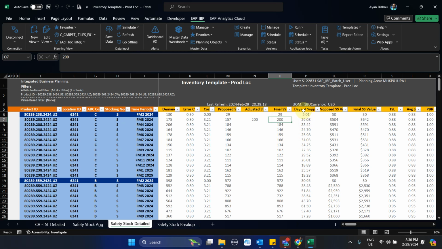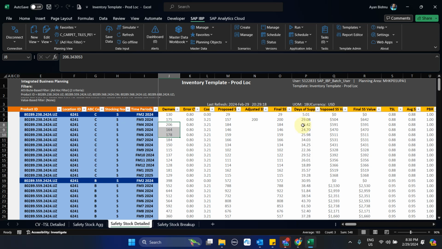At the same time, we have one key figure for days of supply, which looks into the final safety stock and sees how far into the future this safety stock is going to replenish.